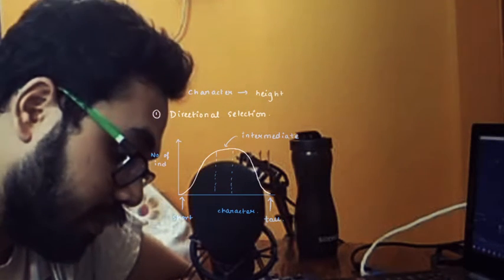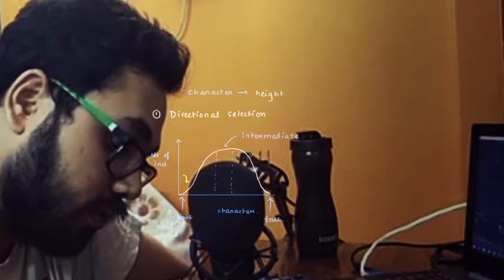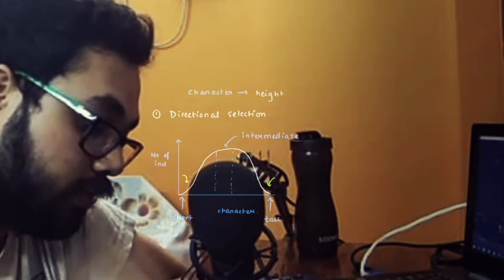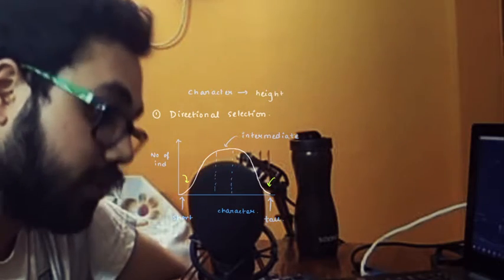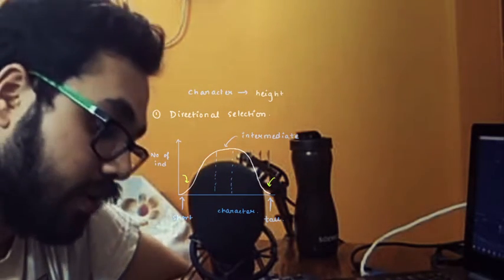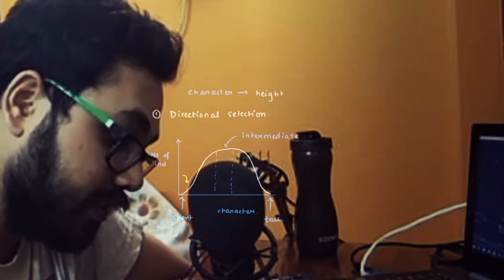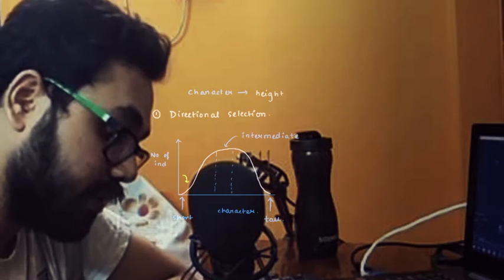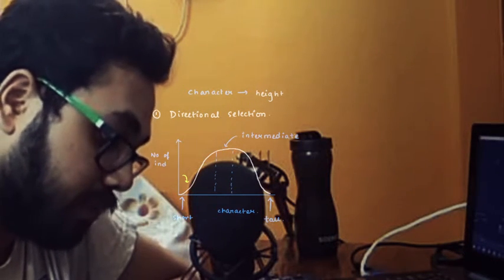So either it is working on this side or it is working on this side. It has to be on one side or the other. It cannot work on both sides together in directional selection. So let's say it is working on the left side, and there's a selection pressure which is eliminating the short-heighted people in this population.